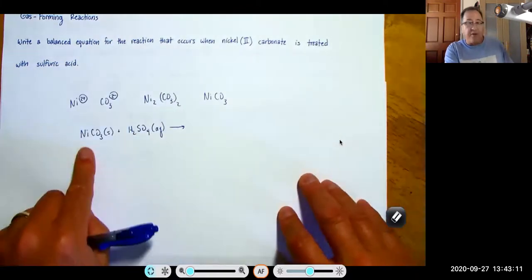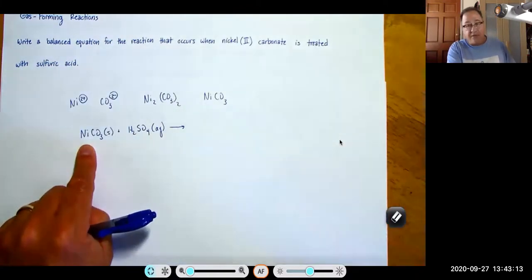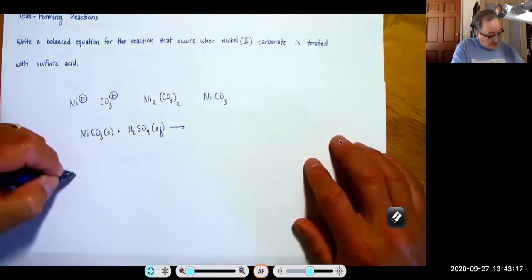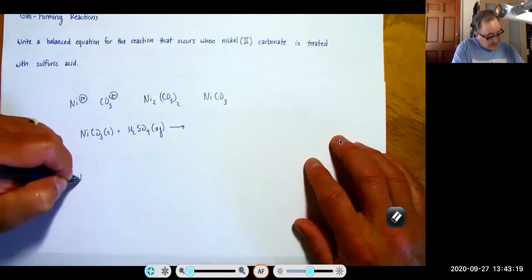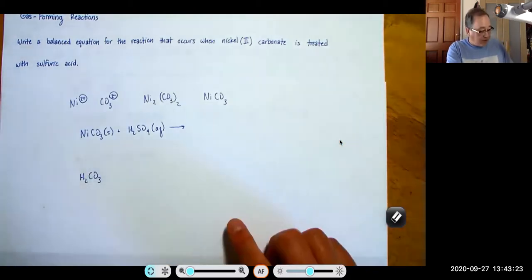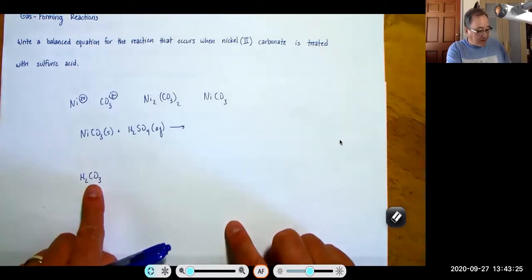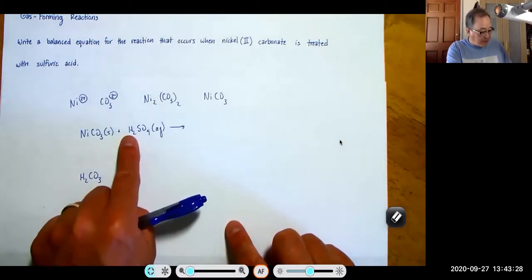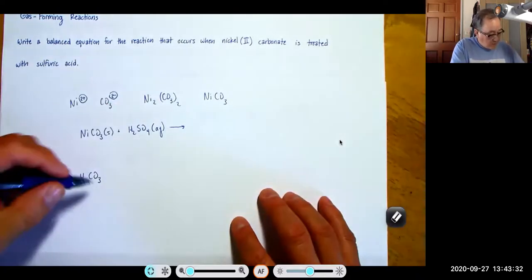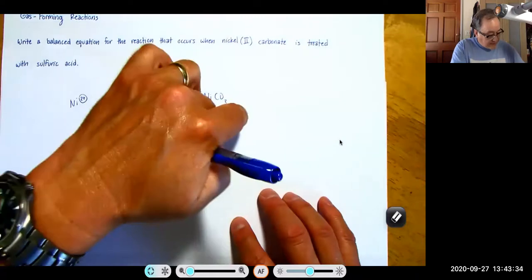Now, how do I know this is a solid? Carbonates are not soluble. Now, this is one of those carbonate reactions where we need to make carbonic acid. That's the key. So there's the CO3, there's the CO3, there's 2 hydrogens, there's 2 hydrogens. This is balanced. Now, we don't write H2CO3 here.